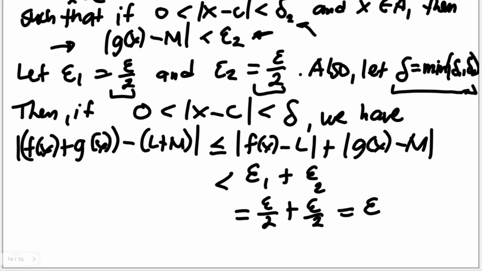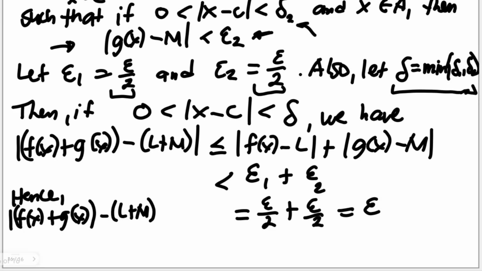Hence, we have f of x plus g of x minus L plus M is less than epsilon. Okay, so we have established this now.